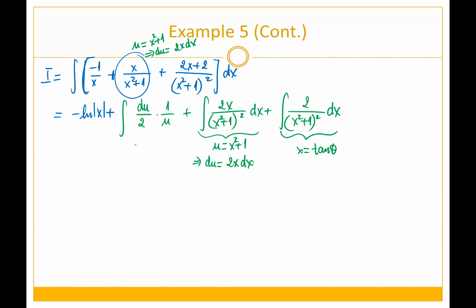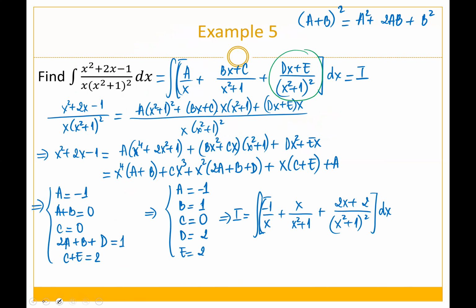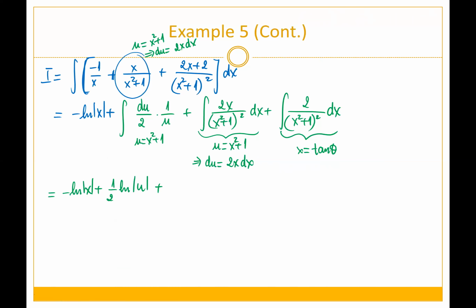So this u over here is also x squared plus 1. So what we have is negative ln of absolute value of x plus 1 over 2 ln of u, and u is x squared plus 1. And then you have again, this here is going to be plus du over u squared plus 2 here.